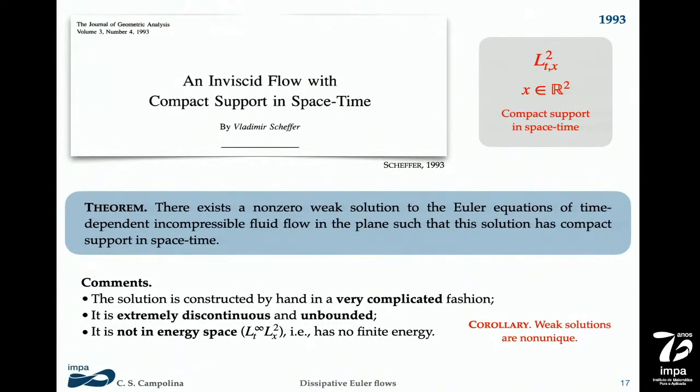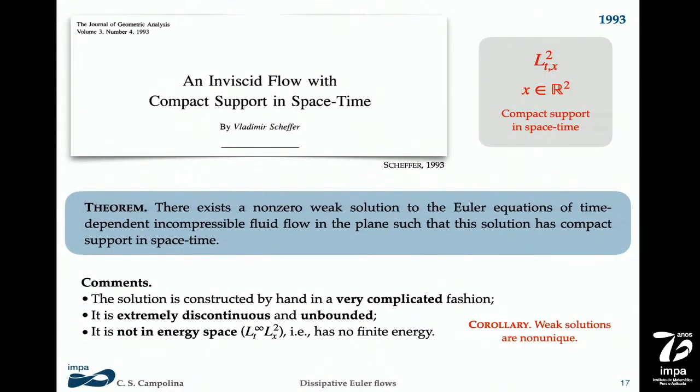So this is the theorem of the paper. There exists a non-zero weak solution to the Euler equations in the plane, so 2-dimensional space, such that this solution has compact support in space-time. So this is very counterintuitive because we can visualize that we have a zero initial condition, so nothing in space, nothing in time.